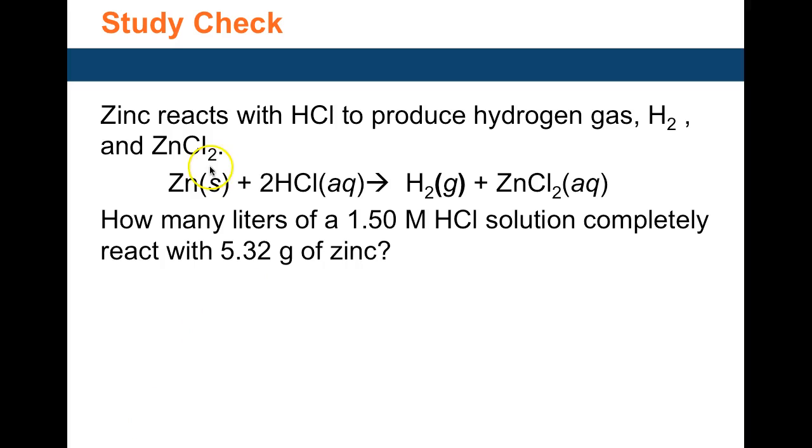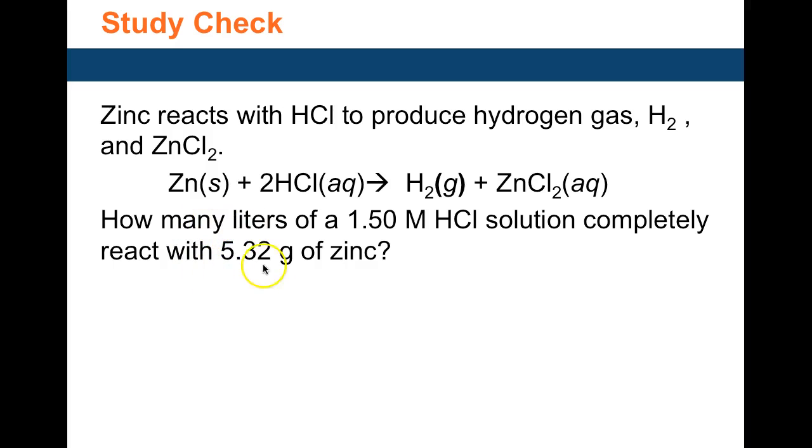So here's an example of zinc reacting with hydrochloric acid, 2HCl, to give you hydrogen and zinc chloride. The question says, how many liters of 1.5 molar HCl will completely react with 5.32 grams of zinc?